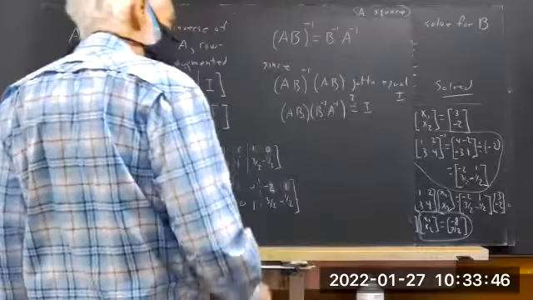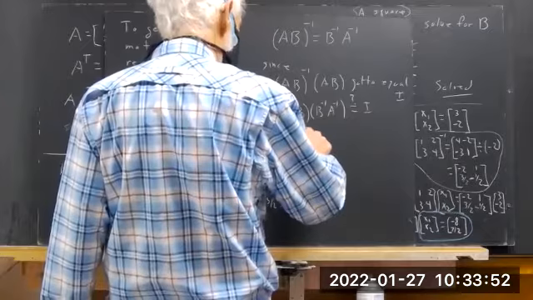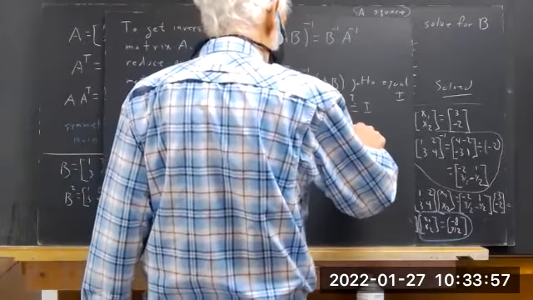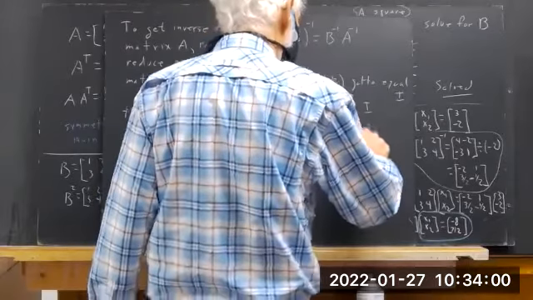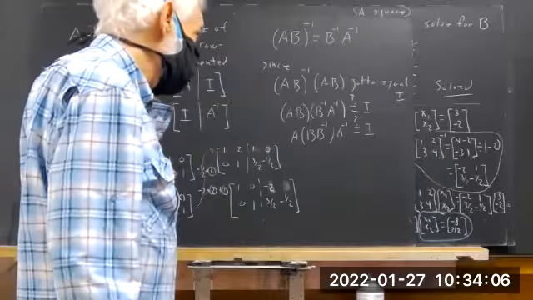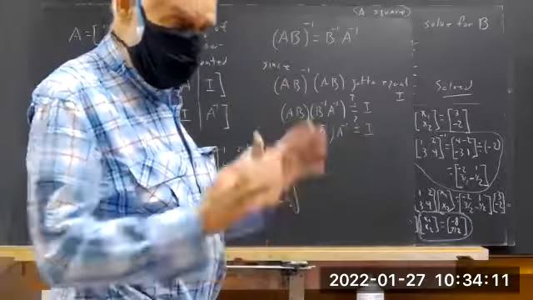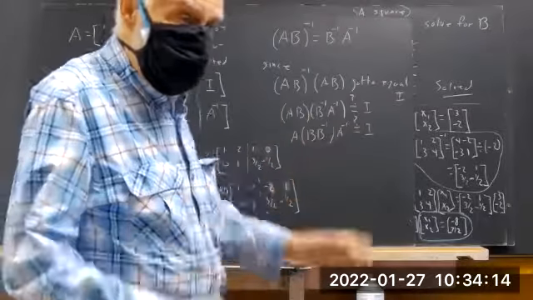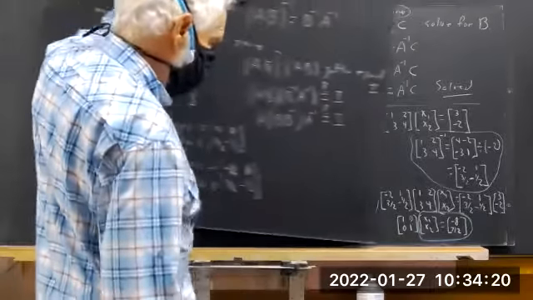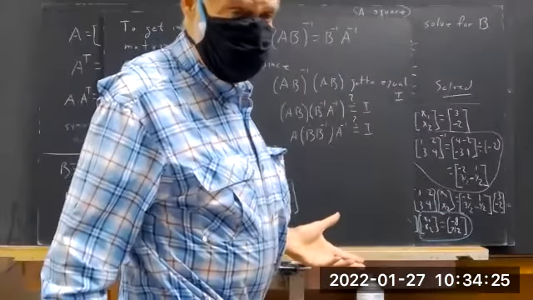Well, by the associative law, this is the same as A times B, the inverse, times A inverse. Now, there are a couple of steps of the associative law. Well, I'm not going to worry about that. I can regroup as long as I keep things in order. I can't change the order because AB is not generally equal to BA, and if I change the order, I might get a couple of matrices in reverse order, and it's not going to work at all.